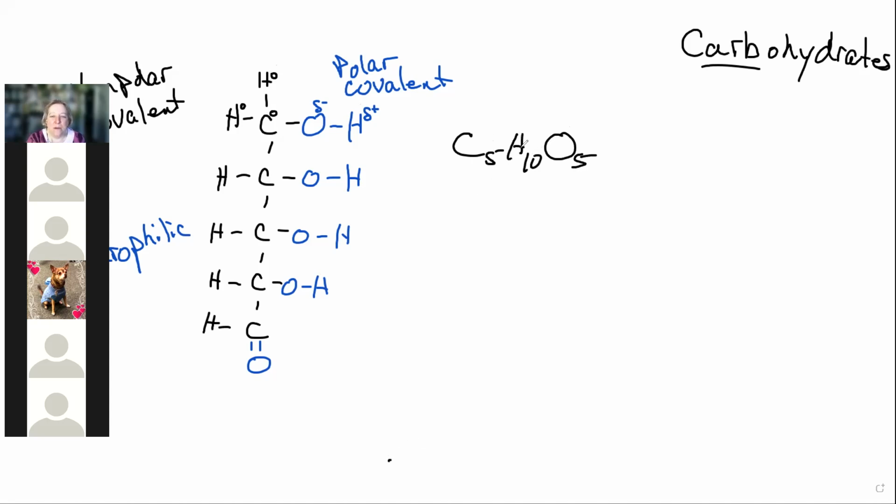Okay. If I reduce this down, oh no, math. If I divide everything by 5, that reduces to CH2O, which is why we call these carbohydrates. They're carbons that have a water attached. See, I've got H2O on each of the carbons, okay, except for this one.